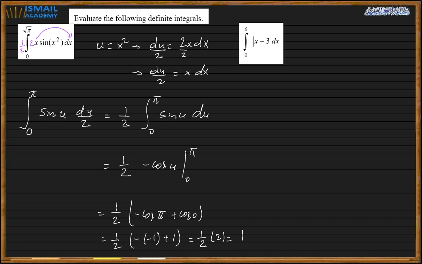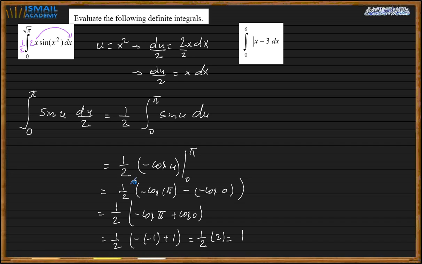Let me write it down to make it clear: minus cosine of pi minus cosine of 0, because here is my antiderivative. So this is how you should do it, cosine of pi plus cosine of 0.